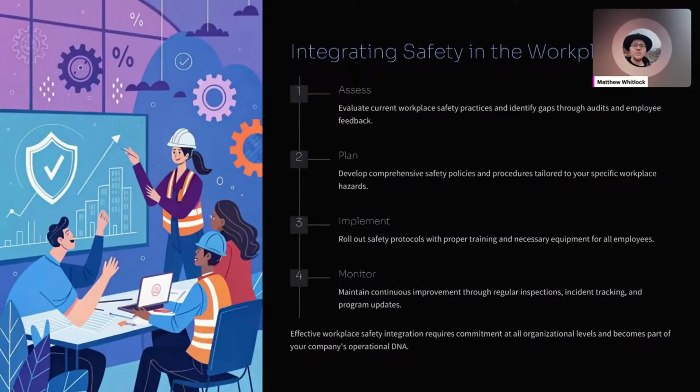Integrating safety into a workplace. So generally, you start with assessing it, make sure everything's good, identify any type of issues, do multiple audits when you first get into a facility, kind of get the feel for everything, and then start planning, see what needs to be done if maybe the workplace culture is poor.